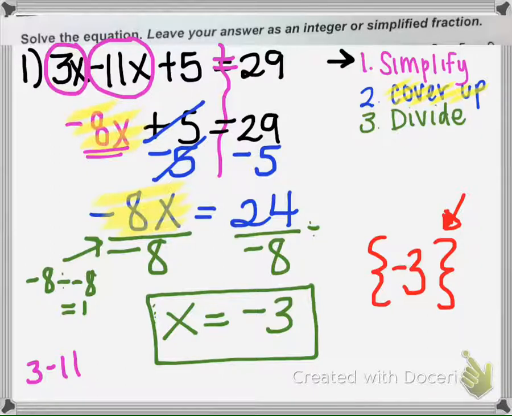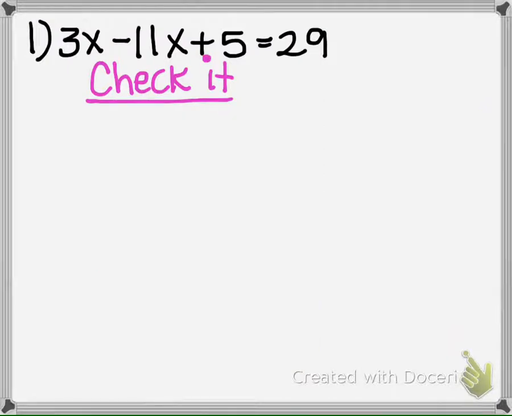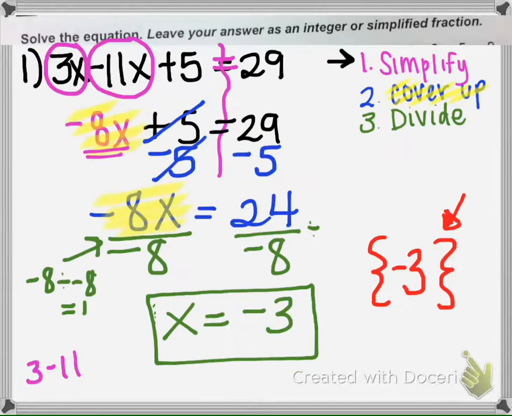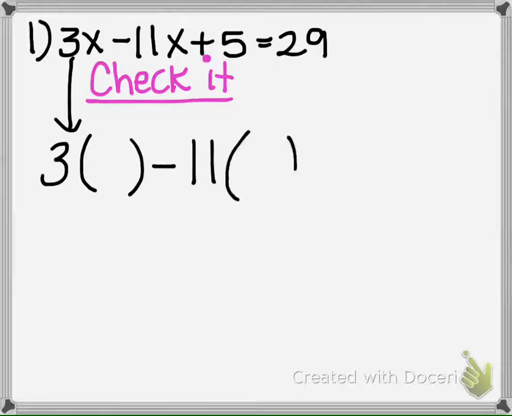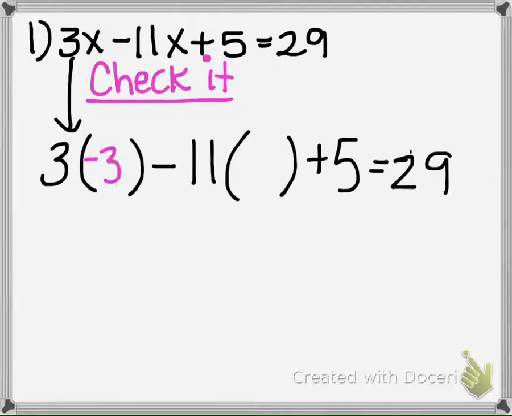Now keep in mind the nice thing about solving equations is that you can always check your answers. So since we got our answer of negative 3, that means wherever there's an x in this problem, I'm going to bring down my equation and replace it with the solution we got, which was negative 3. So we're going to plug in a negative 3 and simplify.